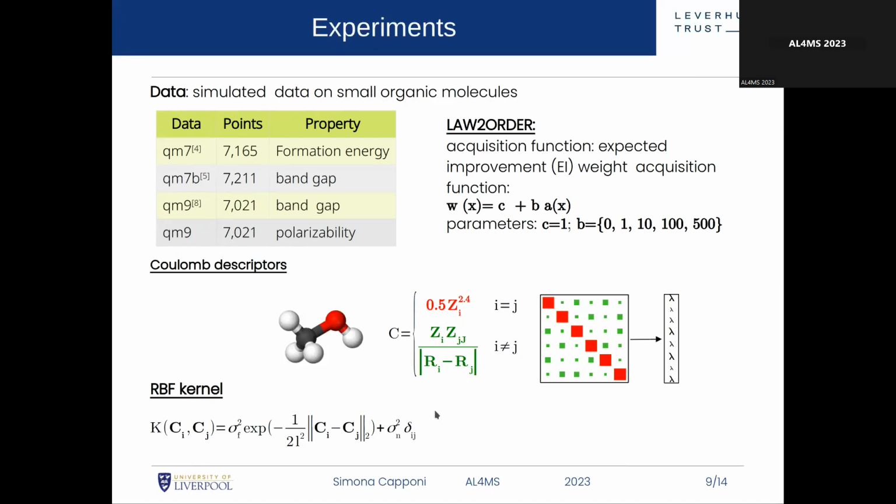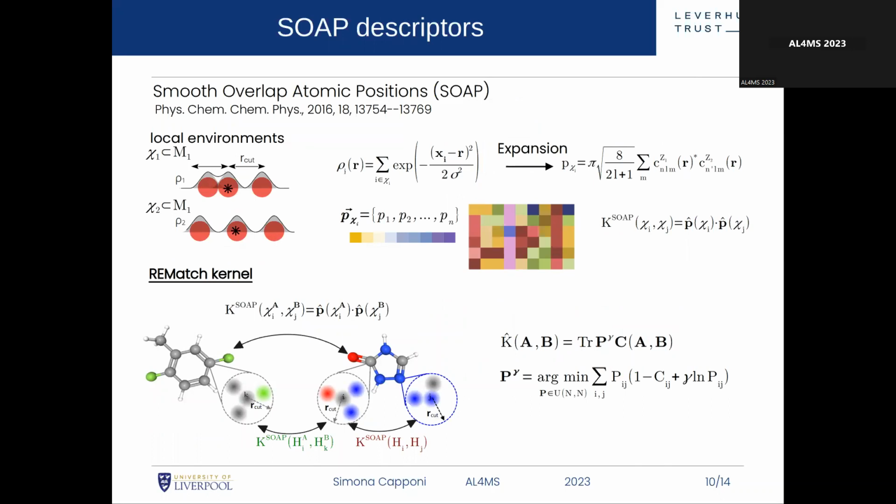But then we use another possibility, the SOAP descriptors. Now, this is quite a long topic, so all the details can be found in this reference here. But very briefly, let's say that the SOAP descriptor represents molecules in terms of local environment. So given a molecule M1, a local environment is basically a group of atoms which is contained within the cutoff radius, starting from a given atom.